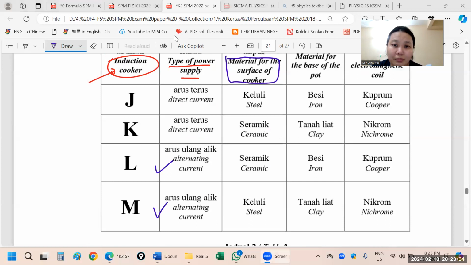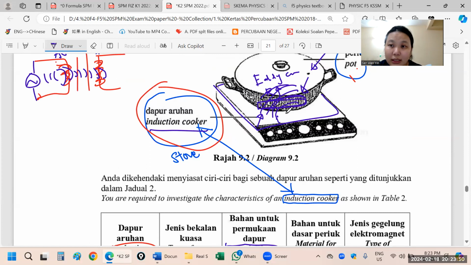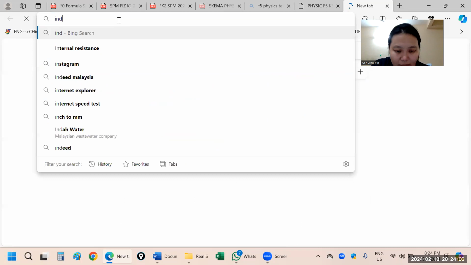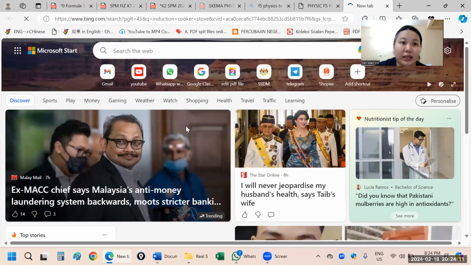Actually ceramic is better, because this one needs no heating up. You can see most induction cookers use glass. Induction cooker stove. Actually, it's the stove.